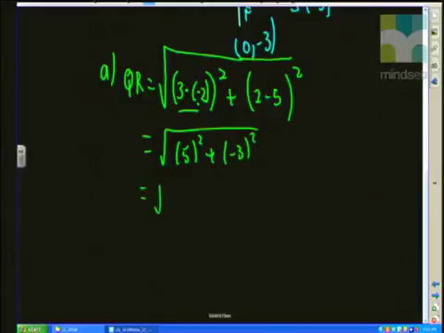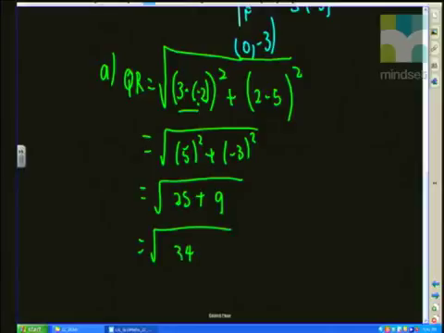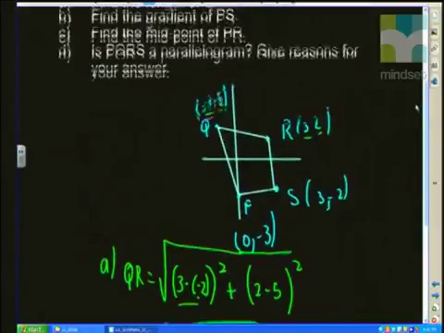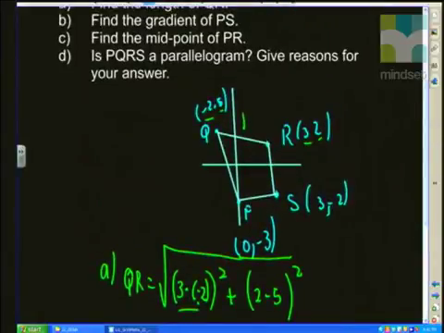So we get the square root of 25 plus 9, which gives 34. So QR is the square root of 34. I'm just going to write that distance here, just in case we need to come back to it later on.